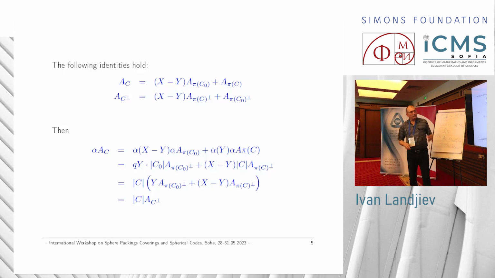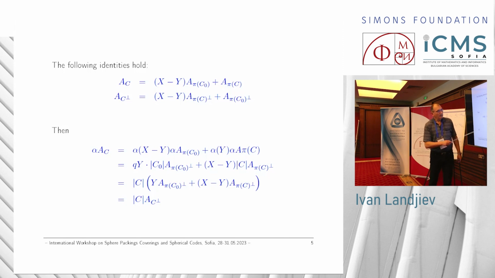What do I have to prove? I have to prove that the image of the weight numerator of C is the cardinality of C times the image of the weight numerator of C perp. Apply alpha to both sides of this. Alpha of x minus y, where x should be replaced by x plus q minus 1 times y, gives q times y.